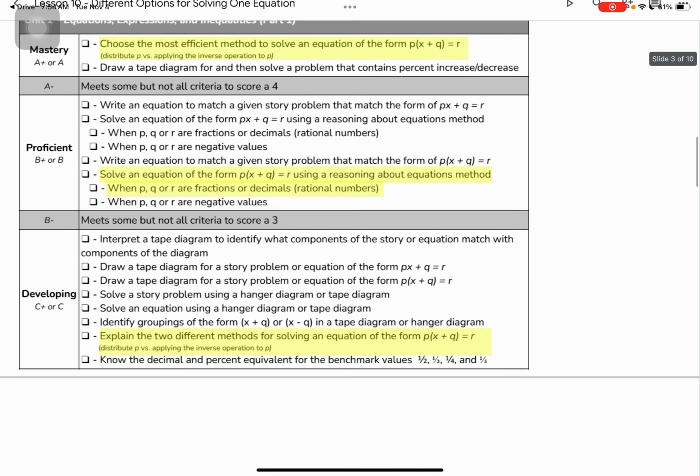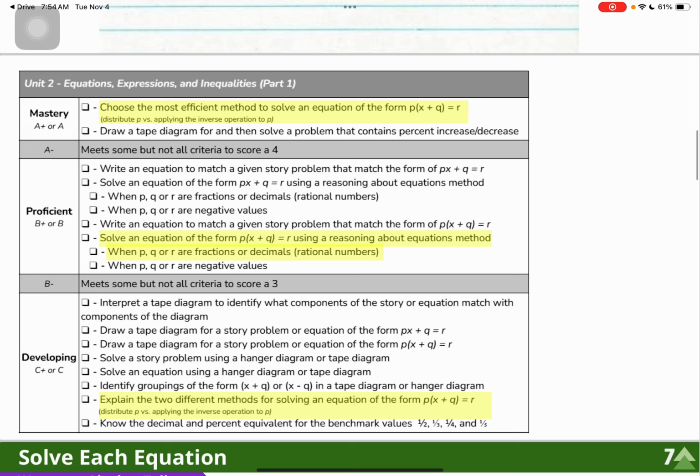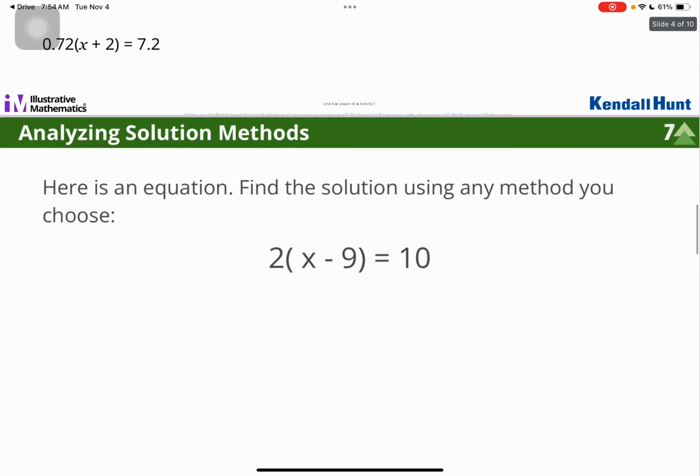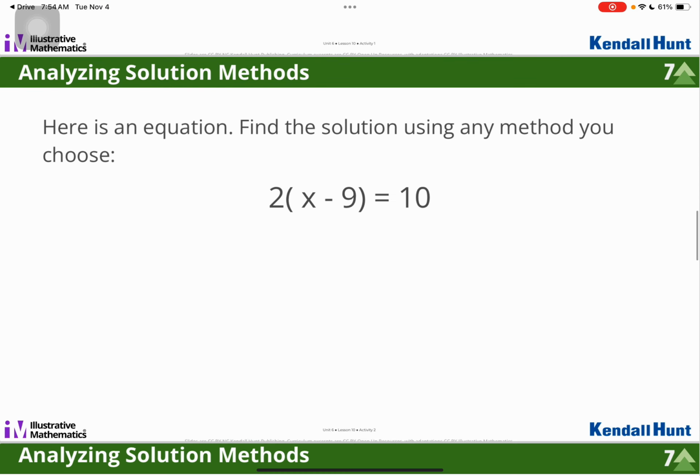All right. For today, we're going to be exploring specifically solving equations with the form that have parentheses. And we're going to think about the two different ways to solve these equations. The first thing I would like you to do today is everyone take a marker out of your box and solve this equation on your desk.